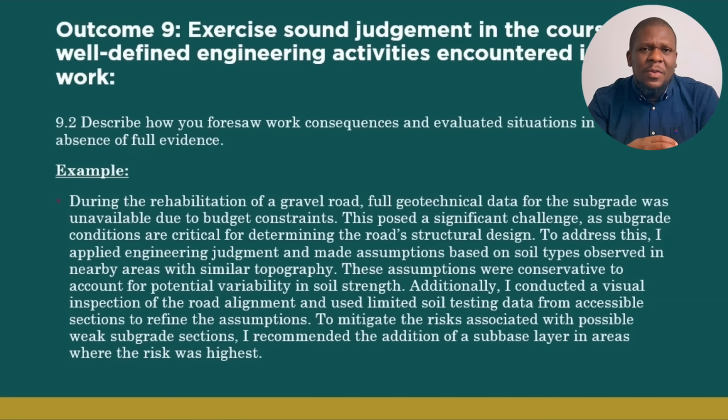During the rehabilitation of a road, full geotechnical data of the subgrade was unavailable due to budget constraints. This posed a significant challenge as the subgrade condition was critical for determining the road's structural design. To address this, I applied engineering judgment and made assumptions based on the soil type in nearby areas with similar topography.